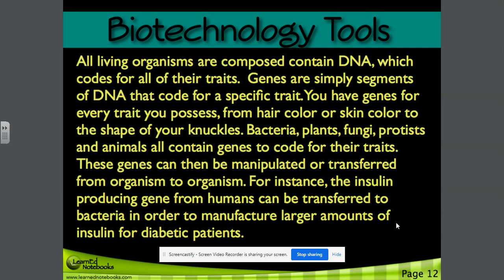These genes can then be manipulated or transferred from organism to organism. For instance, the insulin-producing gene from humans can be transferred to bacteria in order to manufacture larger amounts of insulin for diabetic patients. So go ahead and use this information to complete the column for genes on page 12.